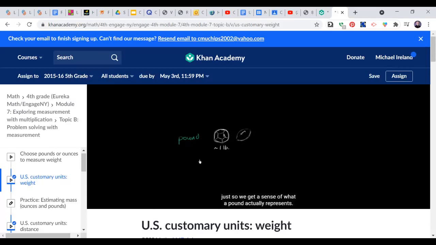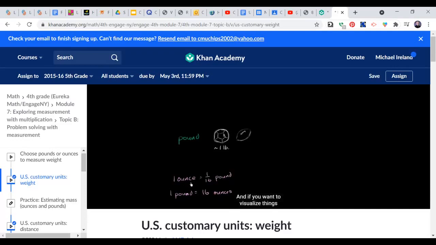Now, if you want to go to scales smaller than a pound, you would think about using the ounce. And the relation between the ounce and the pound when we're thinking about weight is that 1 pound is equal to 16 ounces. Or another way of thinking about it is that 1 ounce is equal to 1/16th of a pound.